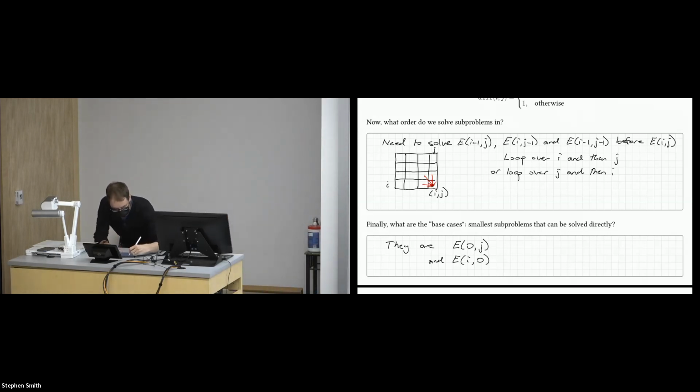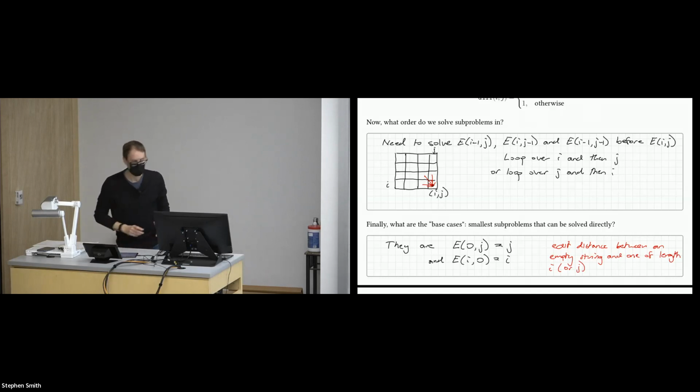So this is just going to be j. And this is going to be i, right? Edit distance between an empty string and one of length i or j, depending which subproblem we're talking about.